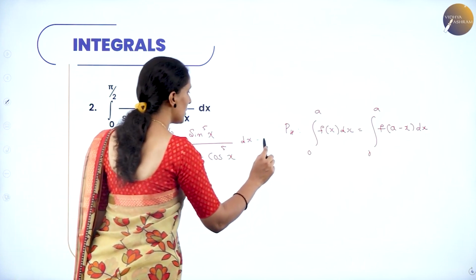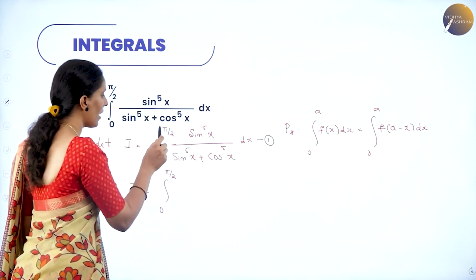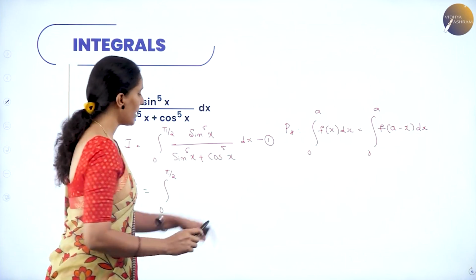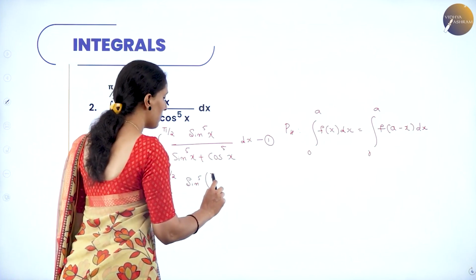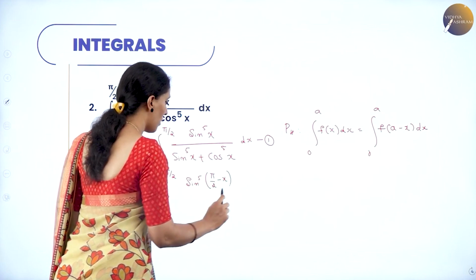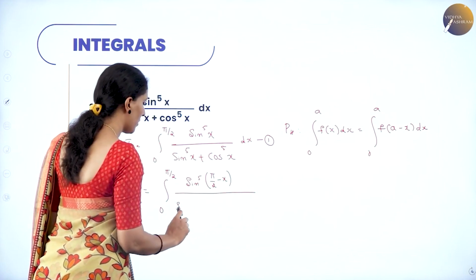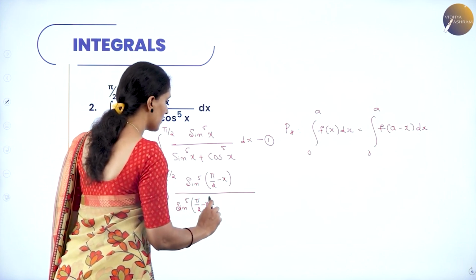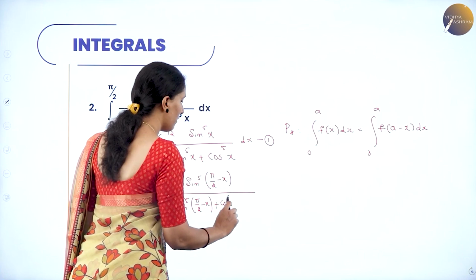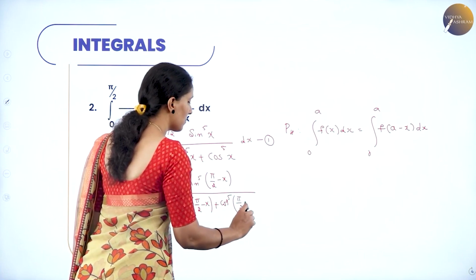Let me take this as equation 1 first. Now the value of a is pi by 2, so a minus x becomes sine power 5 of pi by 2 minus x whole divided by sine power 5 of pi by 2 minus x plus cos power 5 of pi by 2 minus x.